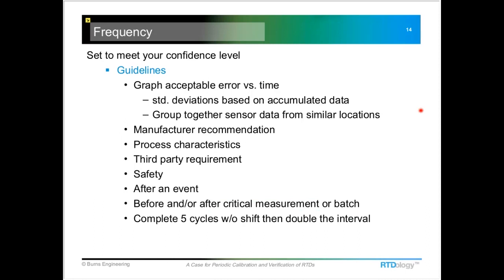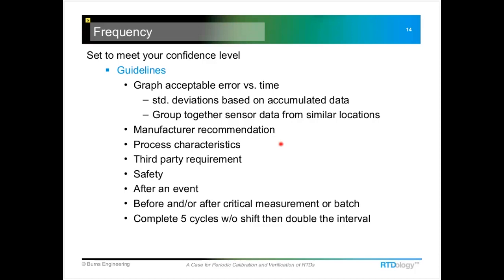So we may just do a verification of the probe at 0 degrees C and just track that over time on all these different locations and see if there's any drift similarities between them, and it gives you a little better data set as to how to make a good decision on calibration frequency.